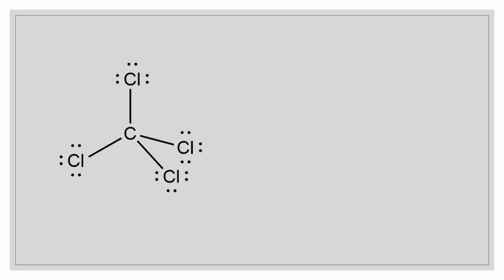CCl4. So from the Lewis structure, it is identified that the molecule has AB4 geometry formula and it refers to tetrahedral. So this is the shape of the tetrahedral. And then if we look at the bond polarity, yes, we can have bond polarity or bond dipole for every bonding over here because C and Cl have difference in their electronegativities value.